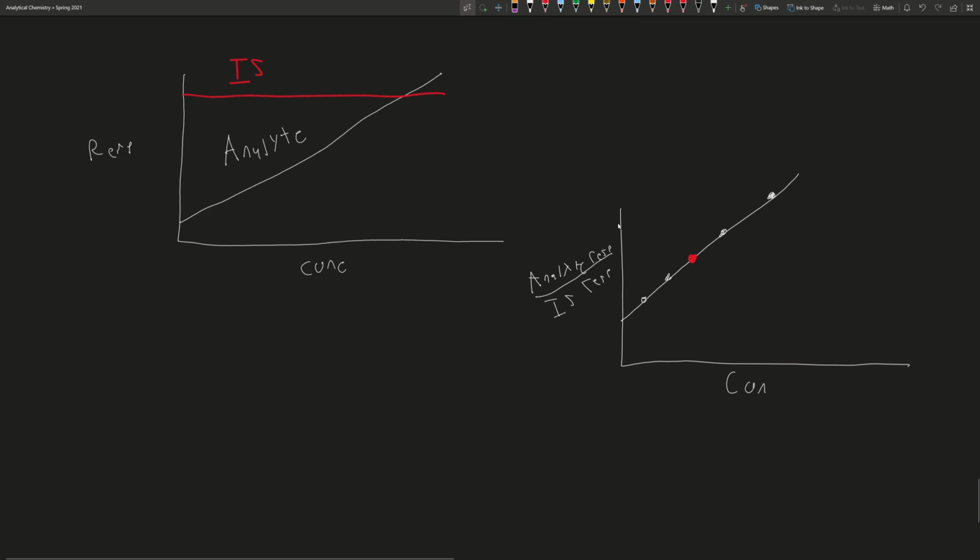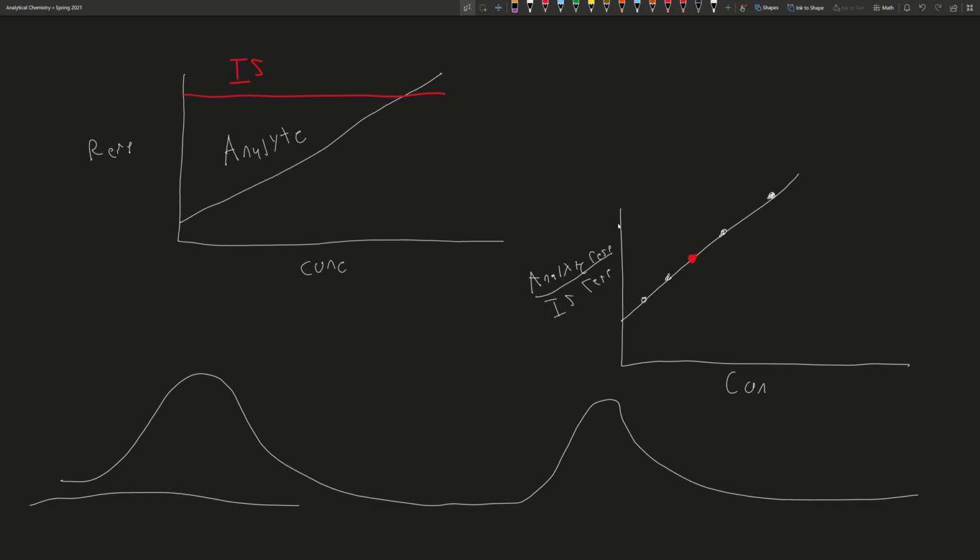Let me do a little bit extra here. Since this approach will typically be done on a chromatography machine, let's say that we get 2 peaks. Let's say this is our analyte. This is our internal standard.